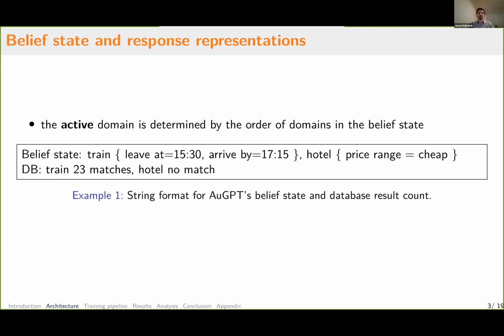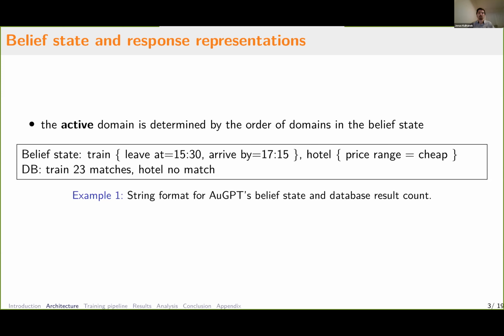Also, we keep a fixed order of the belief state items so that we can detect what we call the active domain, which is the first one. And the active domain will be important later when we talk about lexicalizing the response of our system.